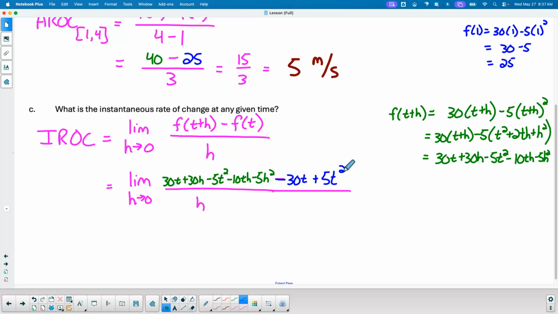I'm going to distribute that negative sign into f right from the jump.